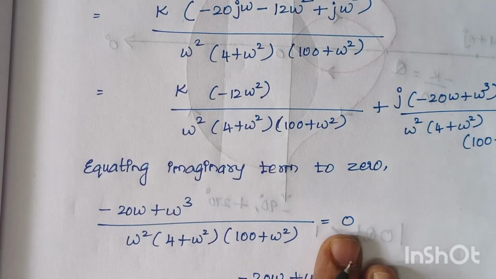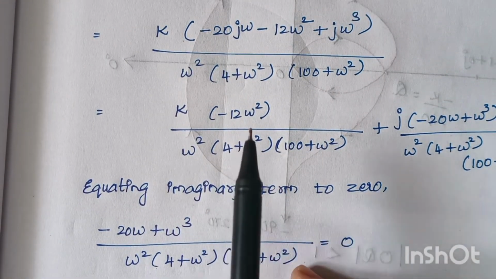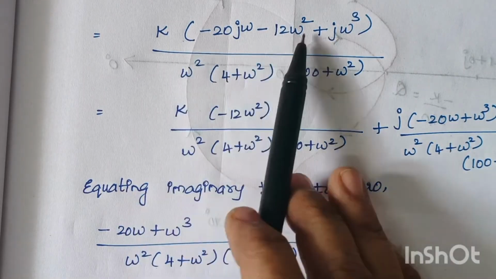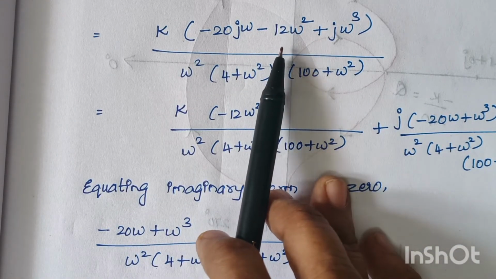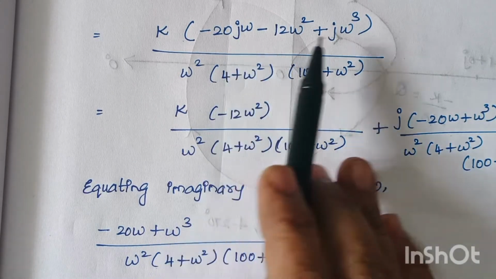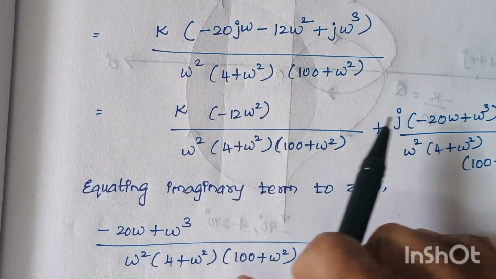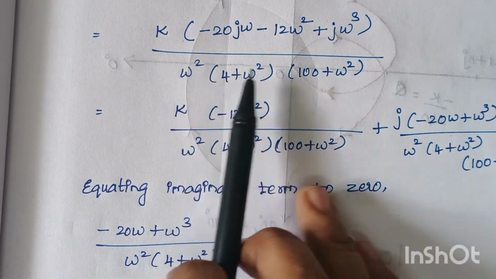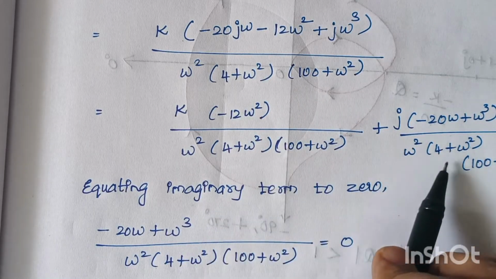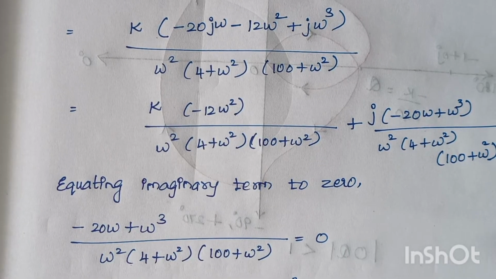The next step is I am splitting the real and imaginary terms. You see here, what is the real term? Minus 12 omega square is the real term, right? What are the imaginary terms? Minus 20 j omega plus j omega cube are the imaginary terms. So here I am splitting those two terms, and since the denominator is common for both, I am writing the same denominator here for both these terms, right?